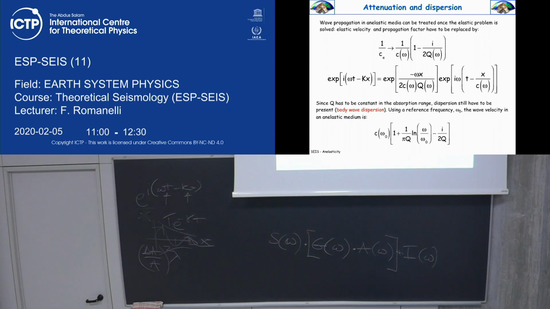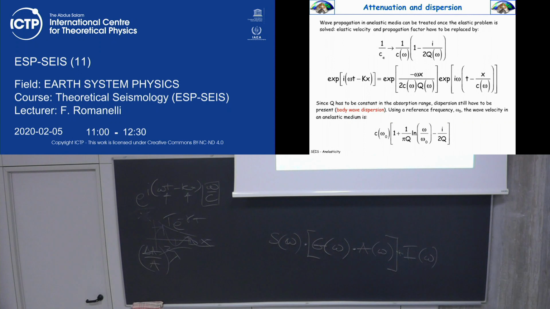And to sum up, the general expression is that we can imagine to replace 1 over c. Why 1 over c? Because k is omega over c, as you know, since a long time. 1 over c, it's an old friend, and we call that slowness.